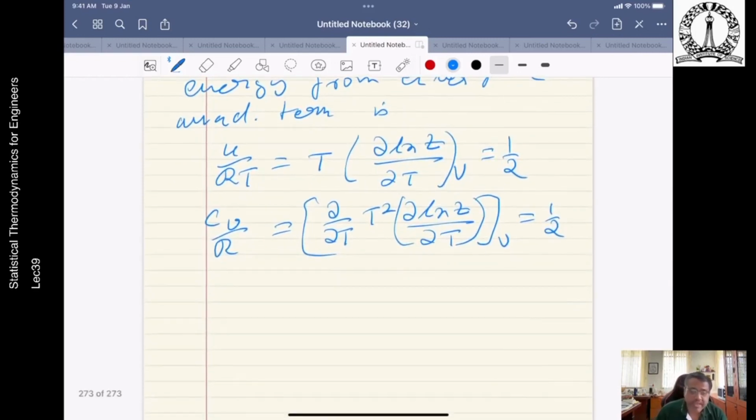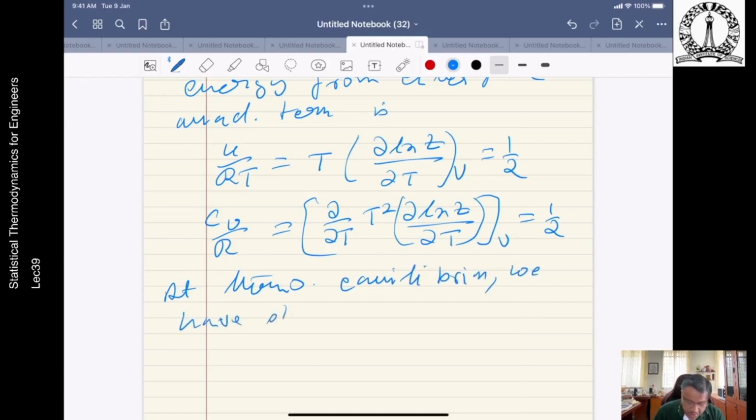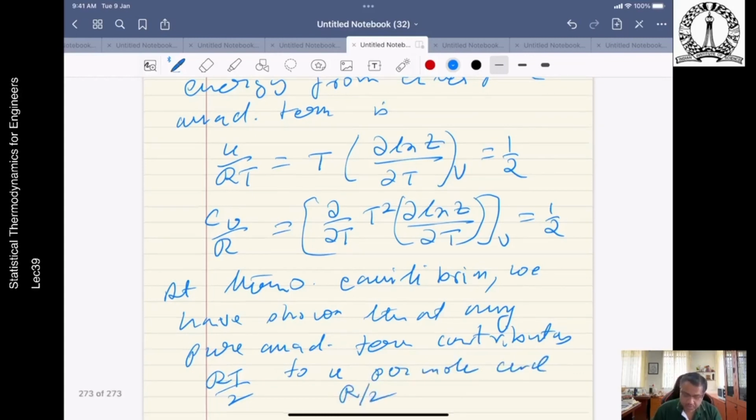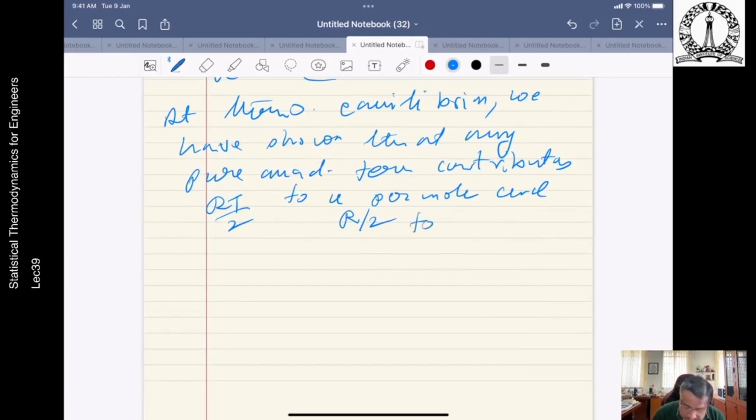Therefore, at thermodynamic equilibrium, we have shown that any pure quadratic term contributes RT by 2 to U per mole, and R by 2 to heat capacity per mole.